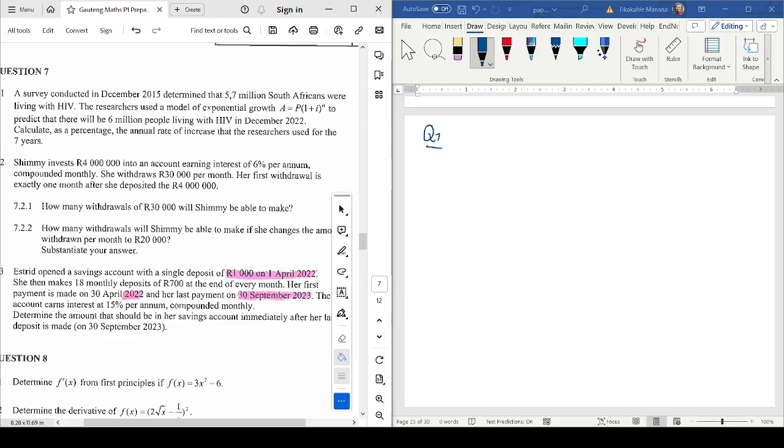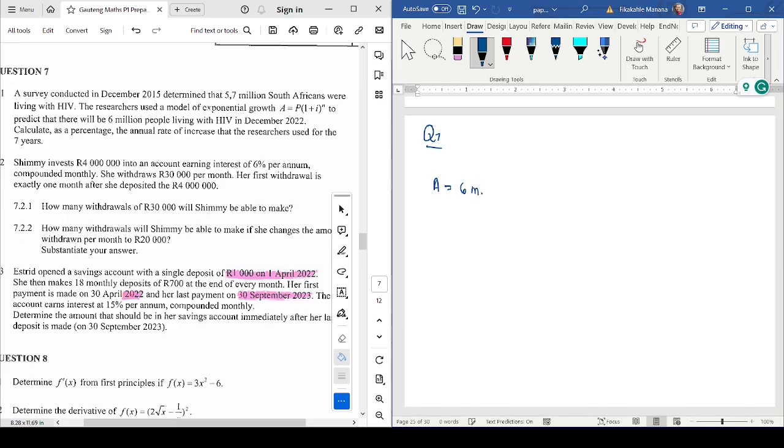So in 2015 it is 5.7, and 2022 is 6 million. You would think that with the awareness of HIV maybe the number would decrease, but I guess it will just keep spreading. Using this equation, remember A is our accumulated amount, so by 2022 we have 6 million.